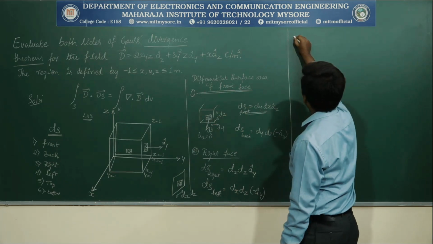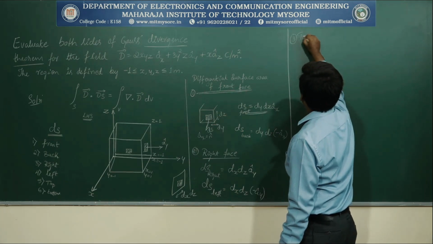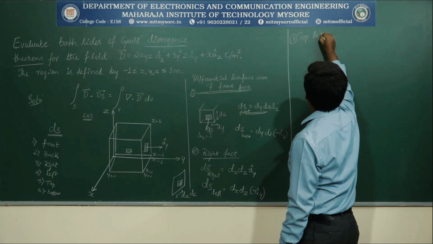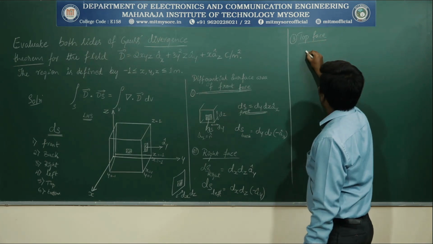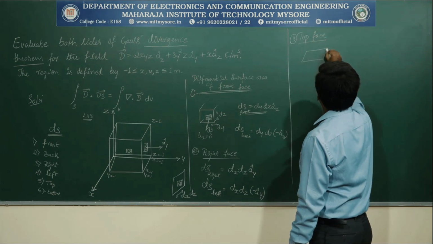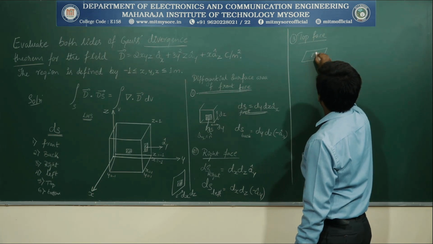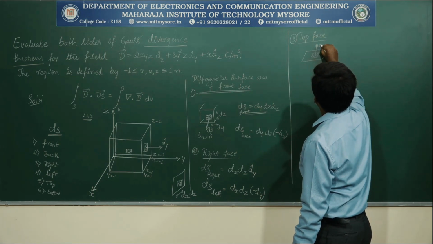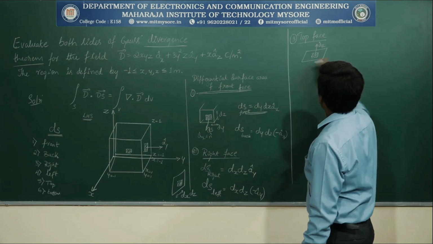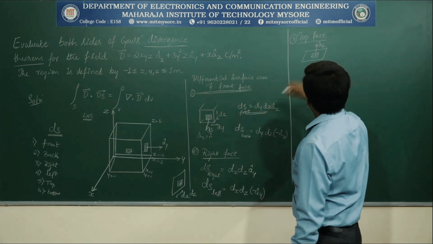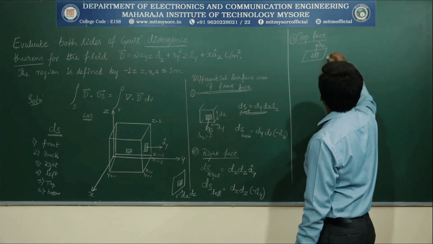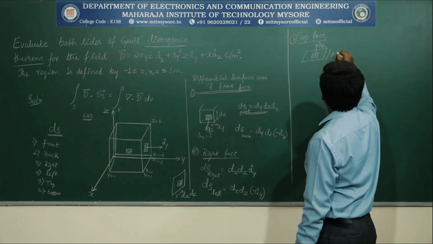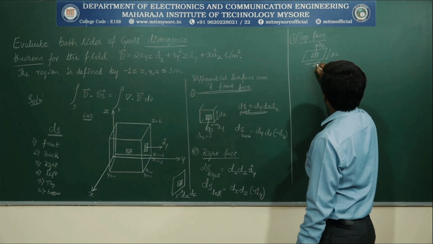Similarly, if I try to evaluate the top face or top surface, this is how it is going to look. This is a cap z. The length and breadth are dx and dy.